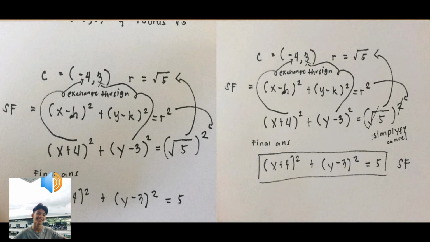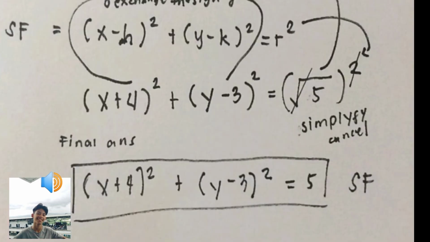Just reverse the sign, negative 4, and then it will become positive 4 raised to the power of 2. Then plus y, reverse the sign, then it will become negative 3 raised to the power of 2 is equal to r, which is square root of 5. Let us square. So our final answer is x plus 4 raised to 2 plus y minus 3 raised to 2 is equal to 5. So this will be the standard form of a circle.